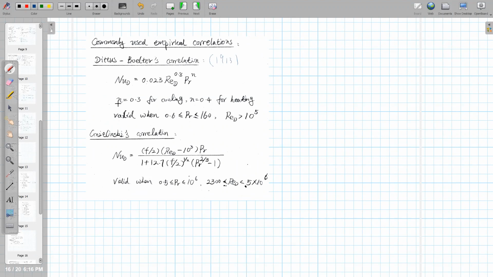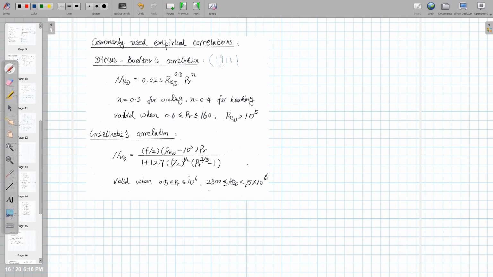Basically, he wanted to use n equal to 0.3 when it's cooling, which means the pipe flow is losing temperature, transferring heat to the wall, or n equal to 0.4 for heating.